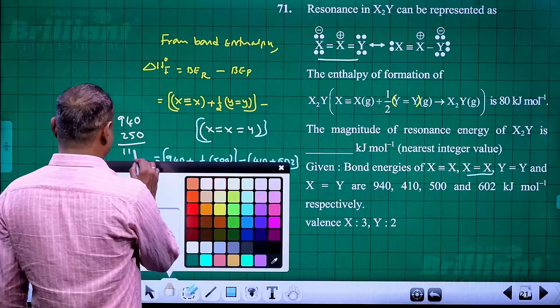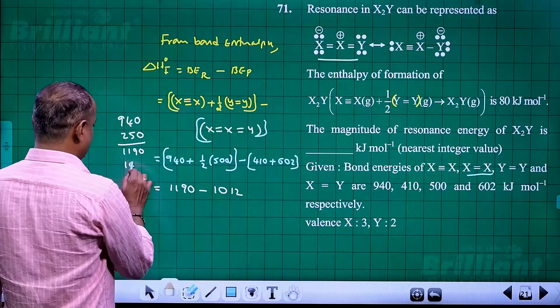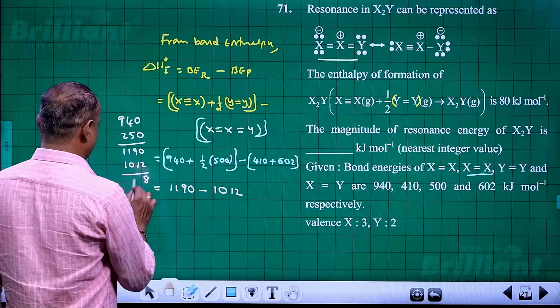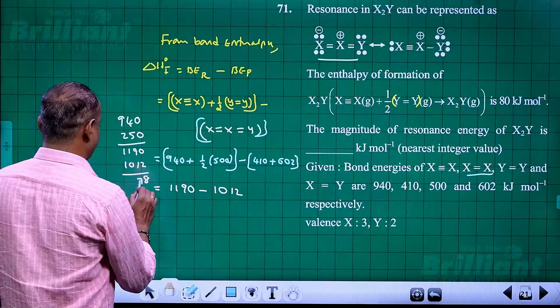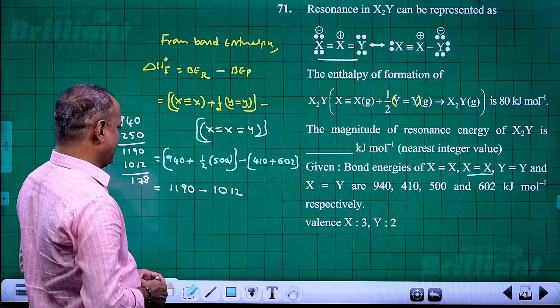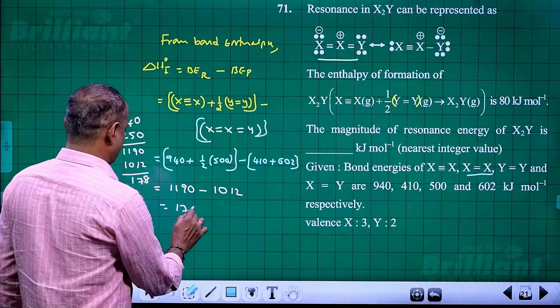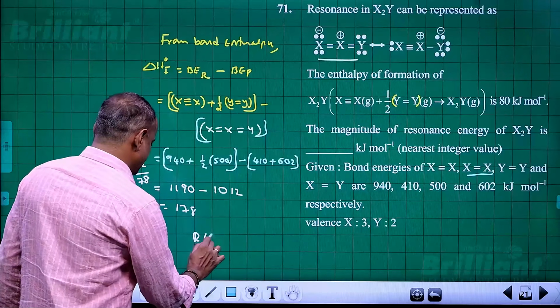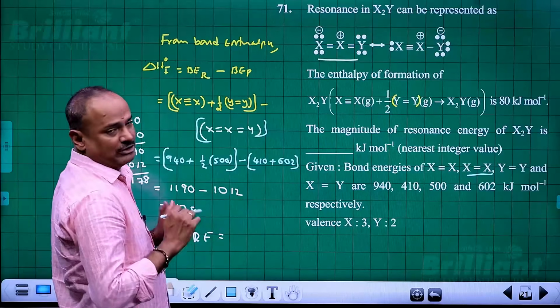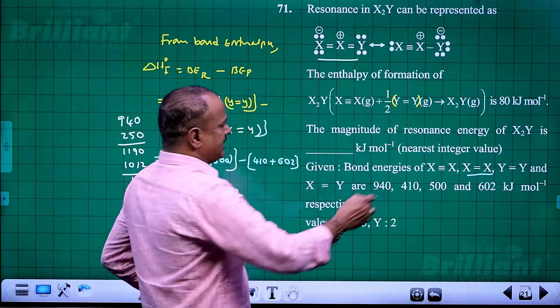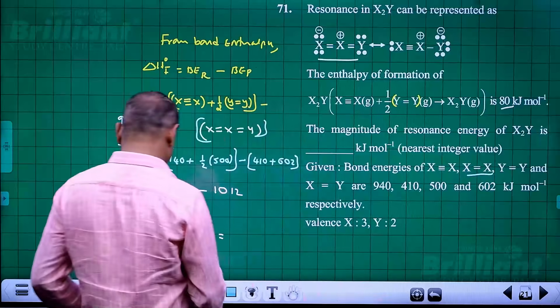So 1190 minus 1012 is 178. Now resonance energy, it must be a negative value only, very important. So this is 80, this is 178.